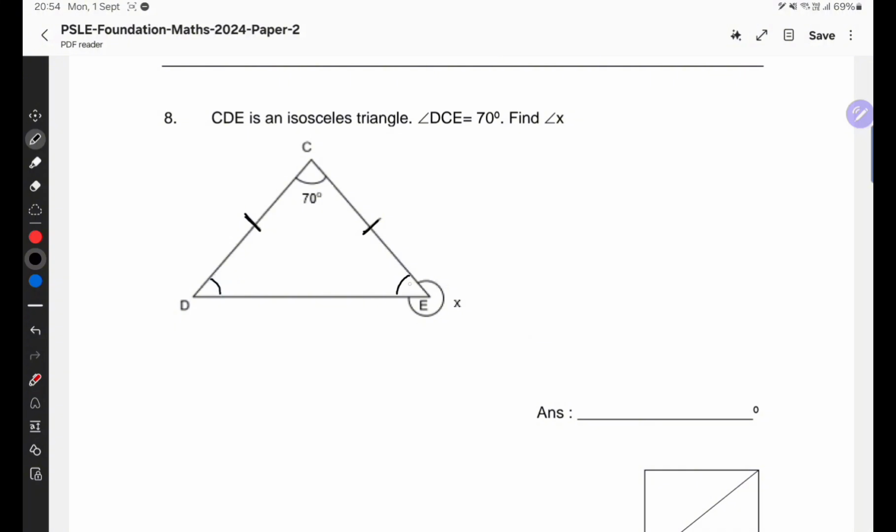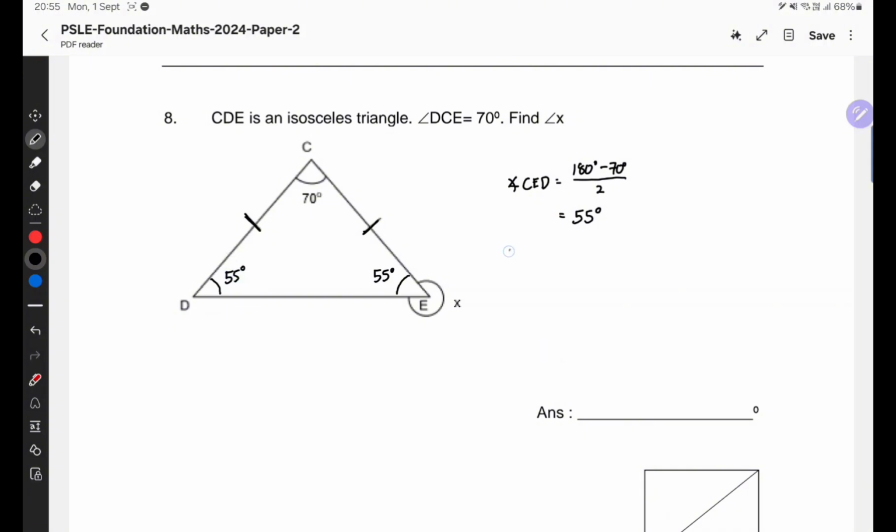Then we take 360 minus away this angle. So angle CED is equal to 180 degrees minus away the 70 degrees, divided by 2, which will be 55 degrees. Okay, so this portion here is 55 degrees. Here is also 55 degrees, but we do not need to care about this side.